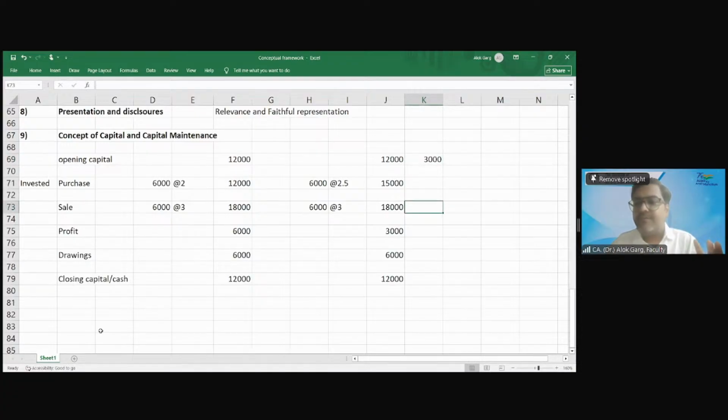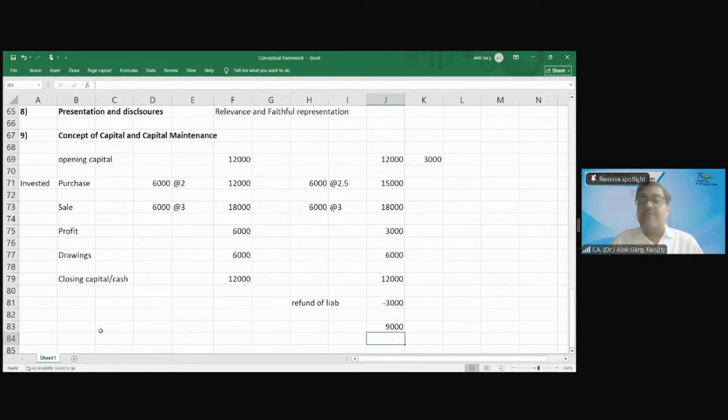Yes, sir. बिकॉज मैंने तो इन्वेस्ट 12,000 किया है. अब मैंने 3 रुपए का बेचा तो 18,000 रुपए आ गए. प्रॉफिट 3,000 का हुआ. ड्रॉइंग मैंने 6,000 की कर ली. मेरे पास क्लोजिंग कैश 12,000 का बचा और फिर अब मैं रिफंड करूंगा, रिफंड ऑफ लायबिलिटी 3,000 की. तो मेरे पास कितनी कैपिटल बचेगी?